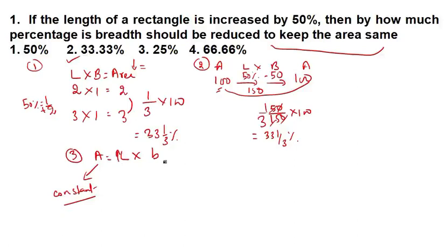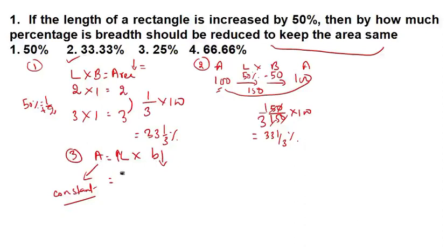If one is increasing, then the other has to be decreased. Then only can the area be constant. If length and breadth both get increased, then the area cannot be constant. So what you have to do? If one is increasing, the other has to get decreased.